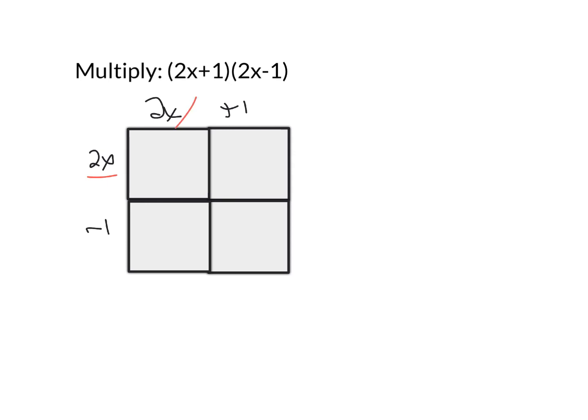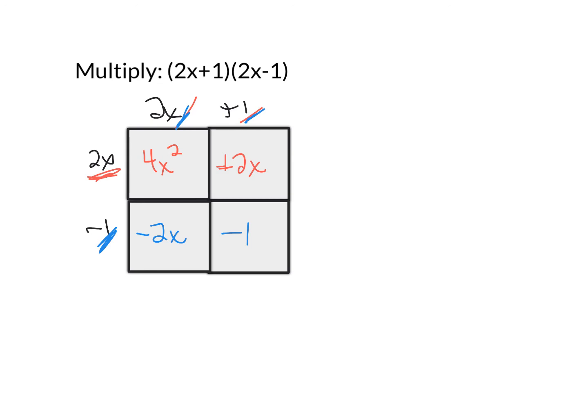Multiply 2x times 2x is 4x squared. 2x times 1 is plus 2x. Now negative 1 times 2x is negative 2x. And negative 1 times a negative 1 is negative 1.